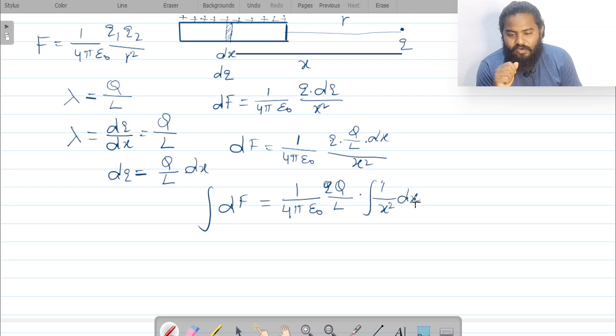Hope you understood, right? I have taken all the constant values outside, and then I'm integrating 1 by x square.